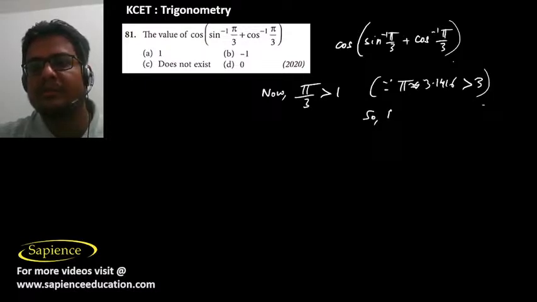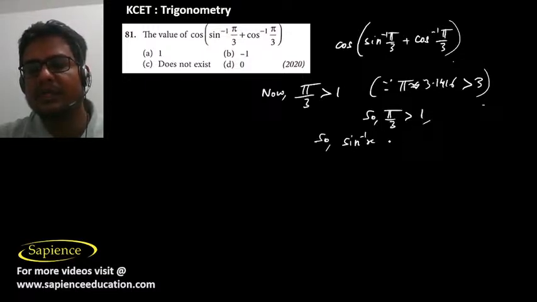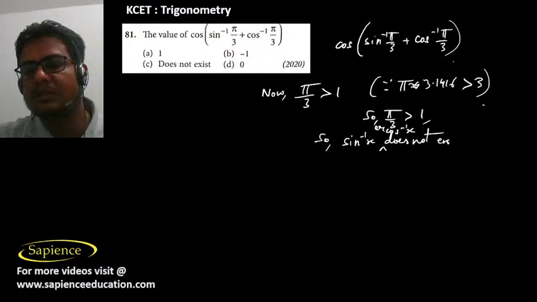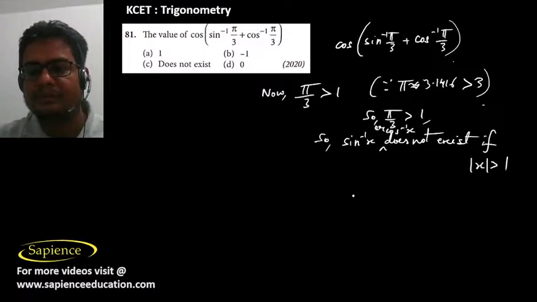So sin⁻¹ x or cos⁻¹ x does not exist if |x| is greater than 1.